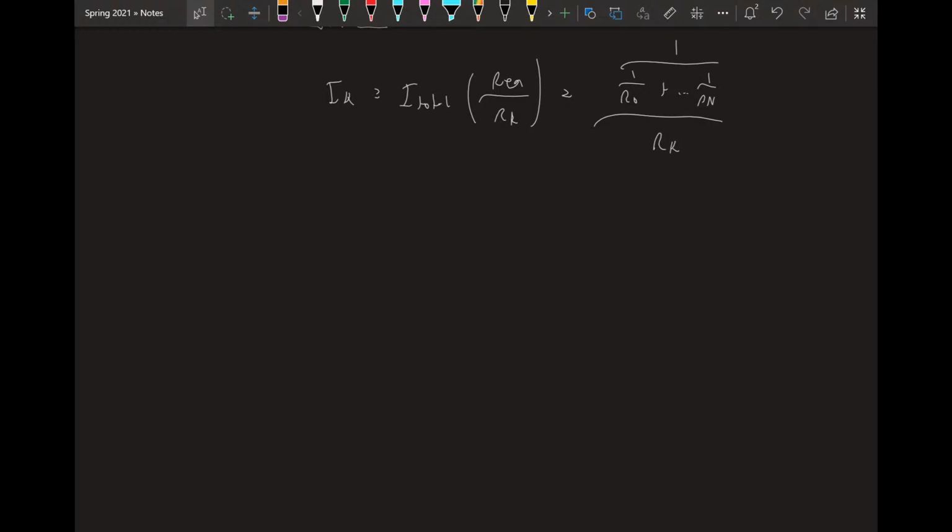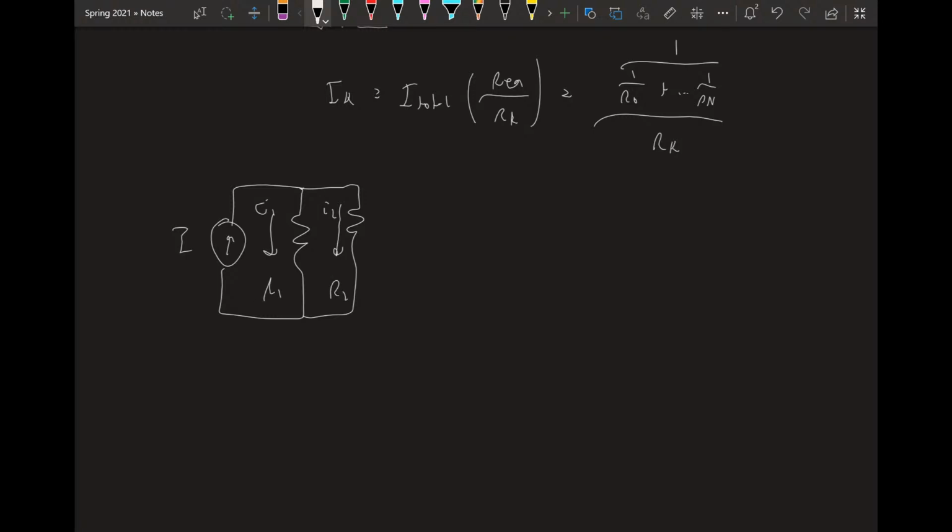And much like the voltage divider case, you're going to often see the case where there's only two of them in parallel. A current divider like this has some I, we'll say I1, we'll say I2, and R1, R2, and following this formula, I1 is going to equal big I times R2 over R1 plus R2, and I2 is going to equal big I times R1 over R1 plus R2.